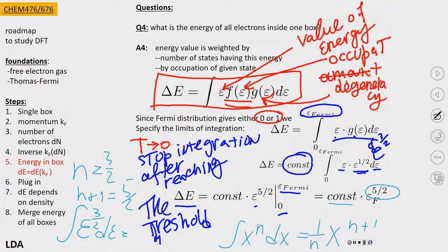So if your universe is split into boxes, you take one box, you know the Fermi energy from somewhere, then you know that the total energy of all electrons inside this box will be Fermi energy to the power of 5/2 times some constants that Alyssa can help to carefully derive if needed.